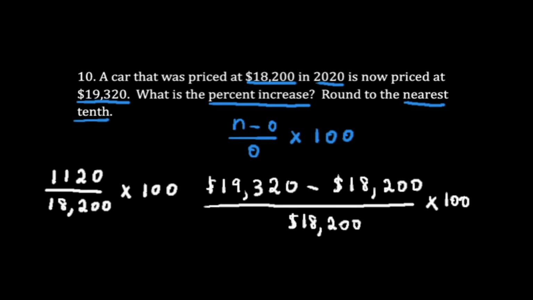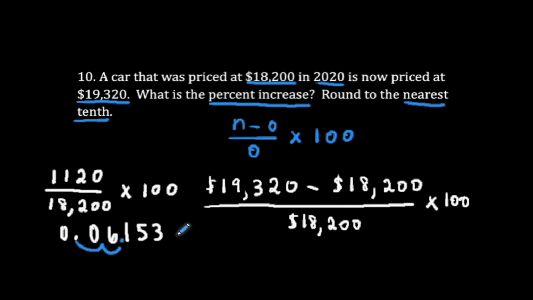It's a long decimal, and since I know we're rounding to the nearest tenth, I'm going to place 0.06153. Okay, and we're multiplying this amount by 100, meaning that we're going to move the decimal point 2 places over to the right.